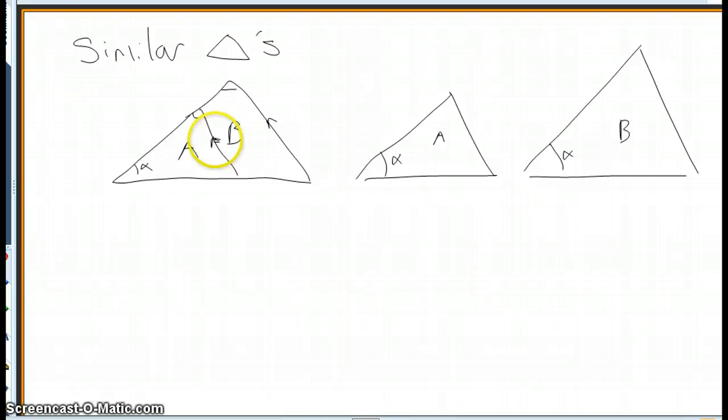Notice I've drawn two parallel lines here, but because that angle and that angle are identical, let's call them beta, that must mean the third angle also must be identical.